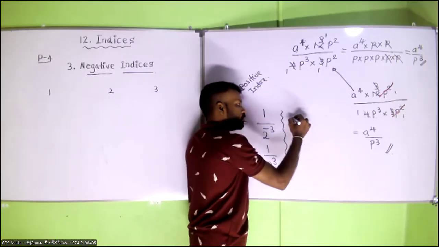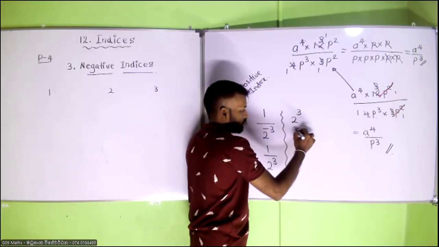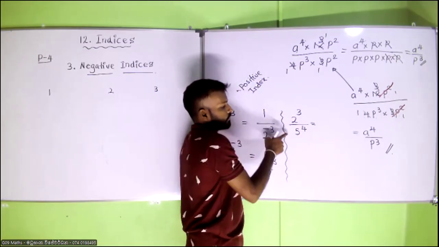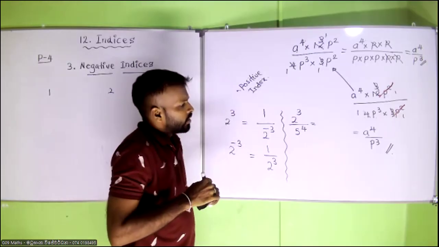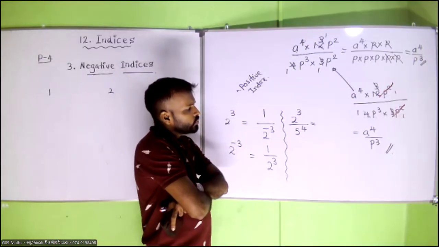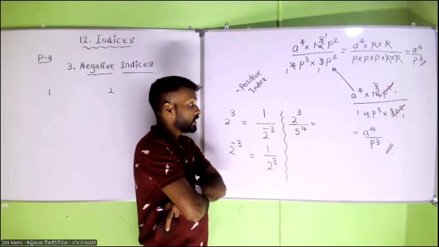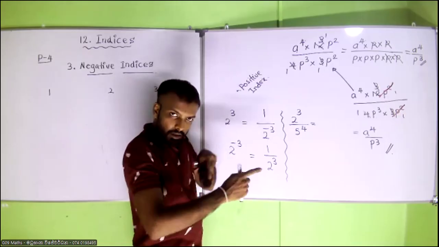And if someone asks from you 2 to the power 3, 5 to the power 4, make sure you have negative powers of 2 to the power 3 and 5 to the power 4. How we are going to negate?